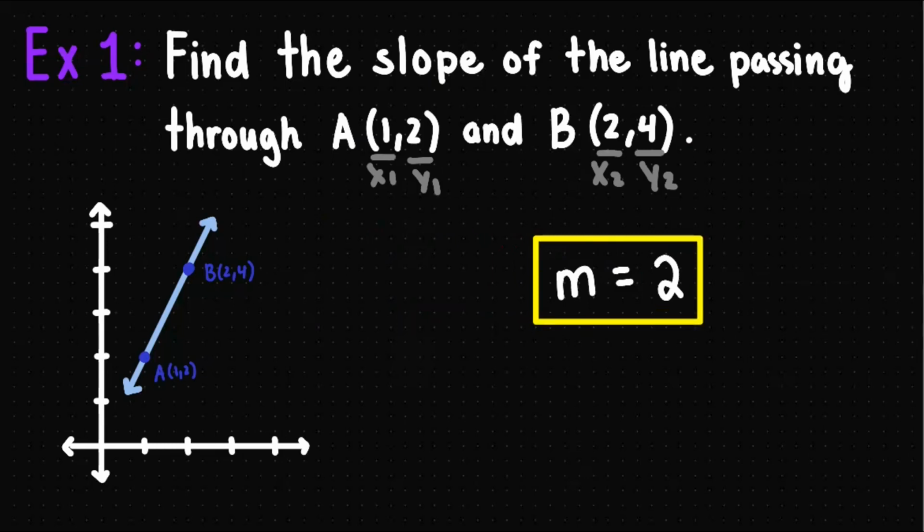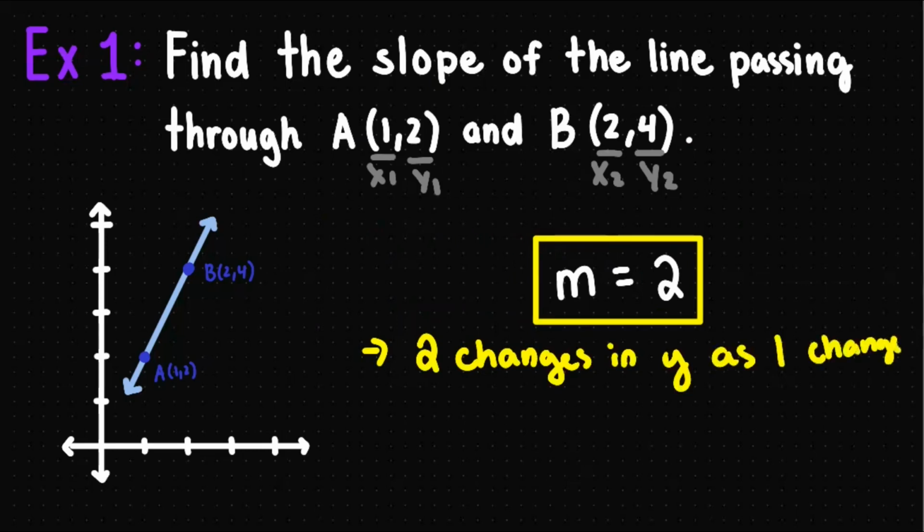So what this tells us is that 2 changes in y as 1 change in x. Or let's write this out much better: 2 changes in y is equal to 1 change in x.